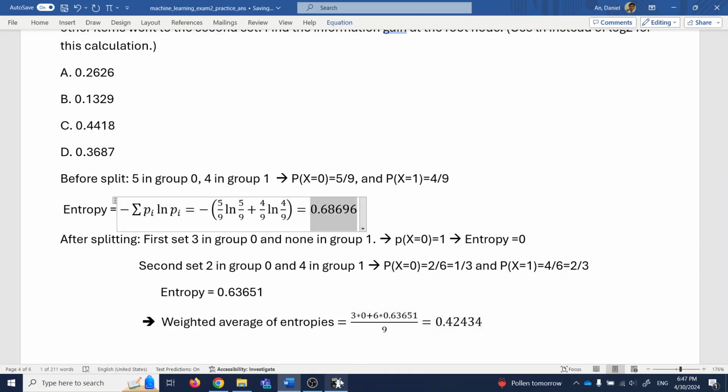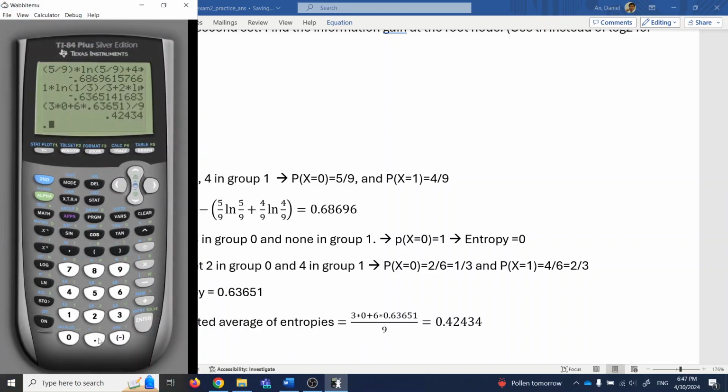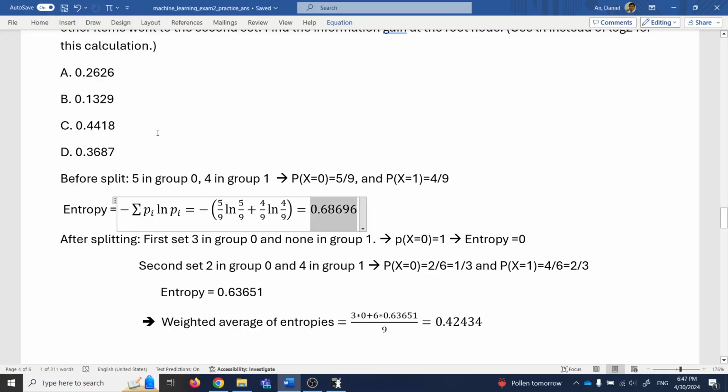Okay, so let's do that. So let's put 0.68696 and then minus 0.42434, and if you hit enter, it's 0.26262, and the answer is A.